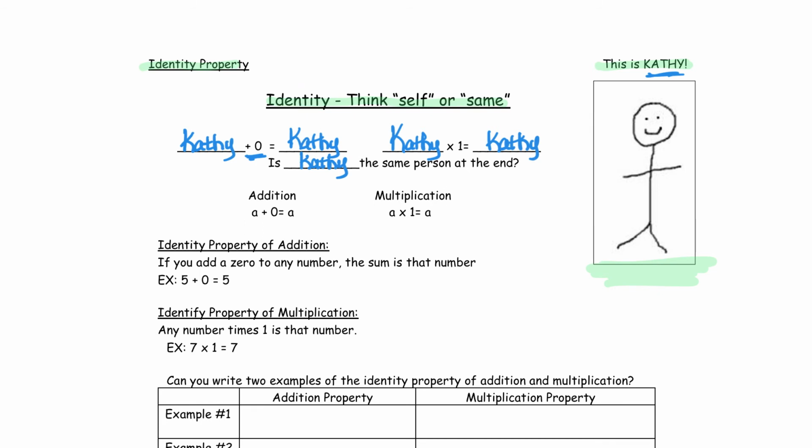Let's take a look here. Sometimes with algebra, we have the variable. So the identity property of addition would be any variable plus 0 is equal to that same variable. Or for multiplication, it would be the variable times 1 is still that variable.